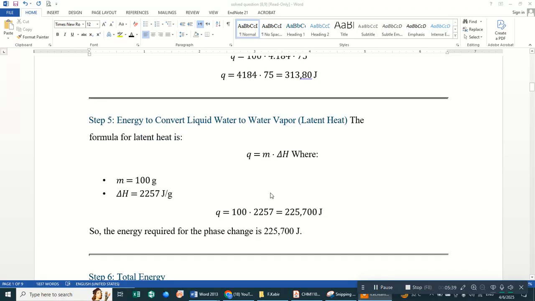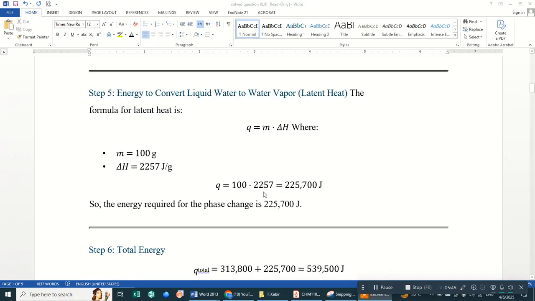The mass of liquid is 100 gram, and delta H is given in the statement, 2257. Multiply with 100, that is 225,700 joule, the energy used to change the phase of the liquid water into the vapor phase.